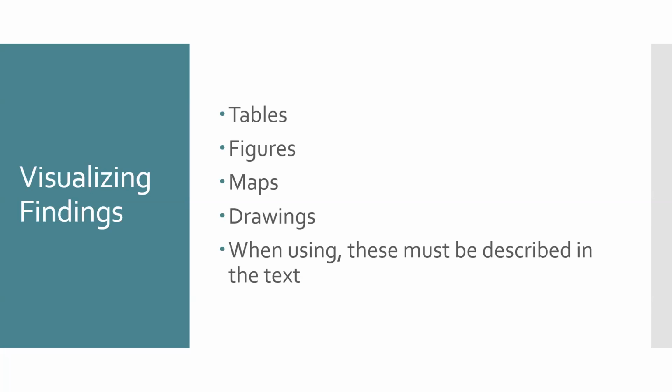You don't want them to come upon a table and have no context for it whatsoever. You don't want them to find a table and not be able to make any sense of it. So you want to provide that description for your reader.